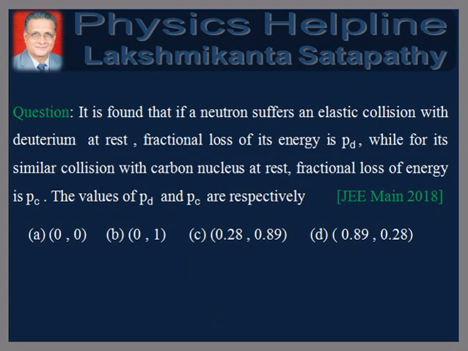It is found that if a neutron suffers an elastic collision with deuterium at rest, the fractional loss of its energy is Pd, while for its similar collision with carbon nucleus at rest, fractional loss of its energy is Pc.